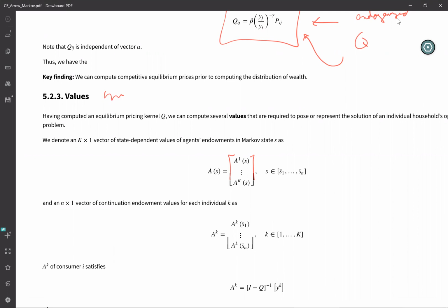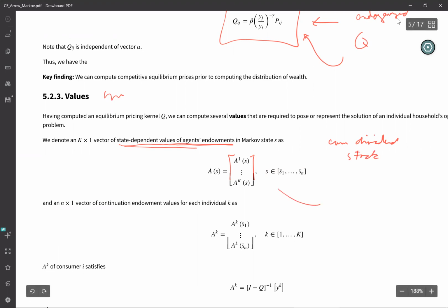I'm going to view the individual as an asset, and I'm going to get a vector of state-dependent values of individuals' endowments. So I'm going to treat the agent like a cum-dividend stock. I'm just going to value his or her endowment.